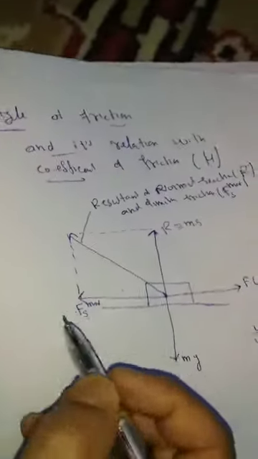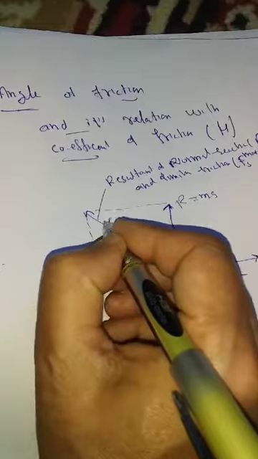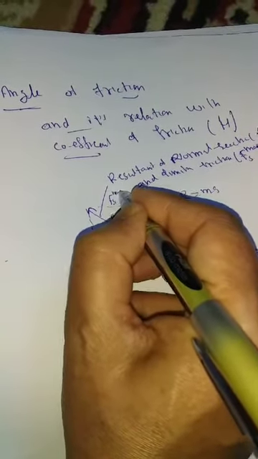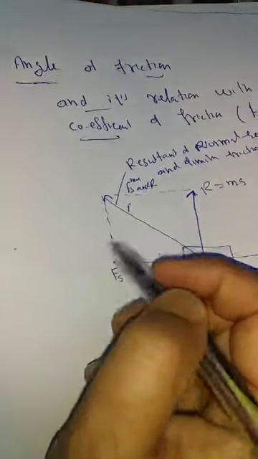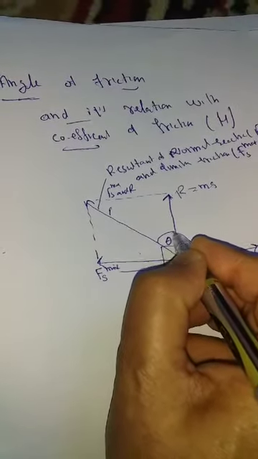This is the resultant of Fs max and R, that is, the resultant of limiting friction and the normal reaction. Suppose this angle is theta.